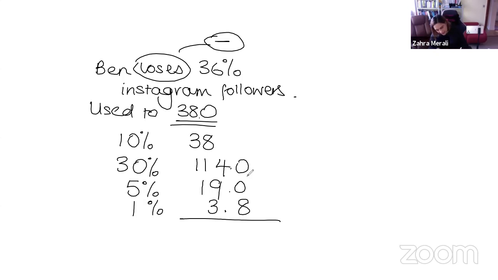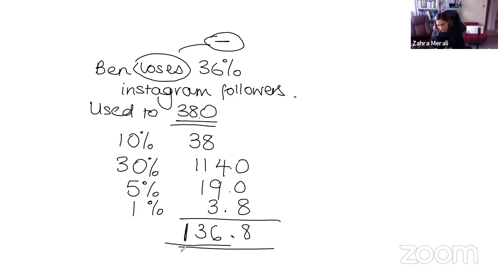So we get 8 here, 9. 9 plus 4 plus 3 gives us 16. So we have 6, carry the 1. 1, 2, 3. So we get 136.8. So that's the number of followers lost.